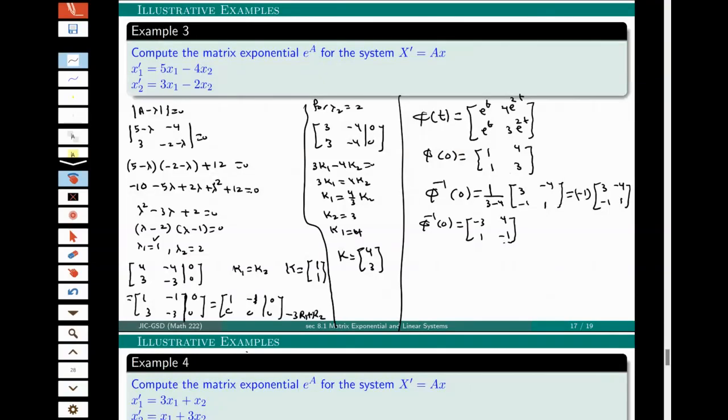Okay. So using our theorem, where is it?